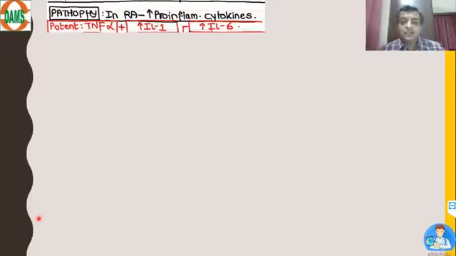So make a chart, on a new page, write down the mechanism of action and the newer agents. Start on a new page, pathophysiology.